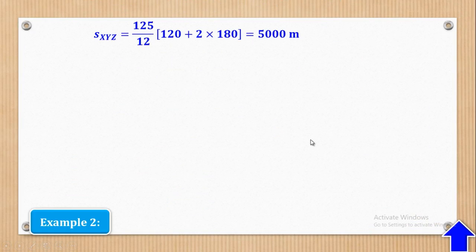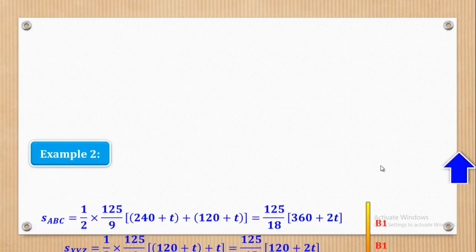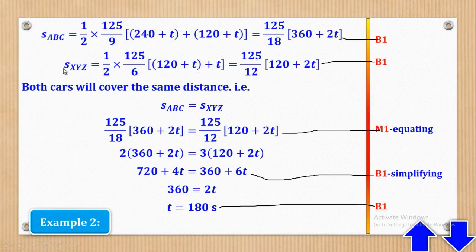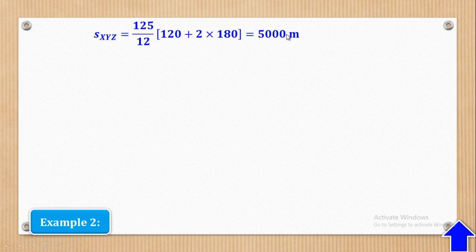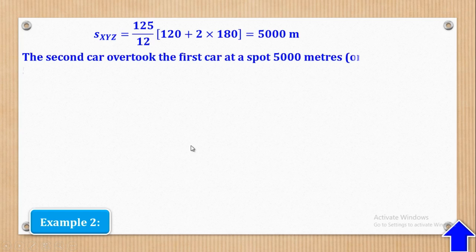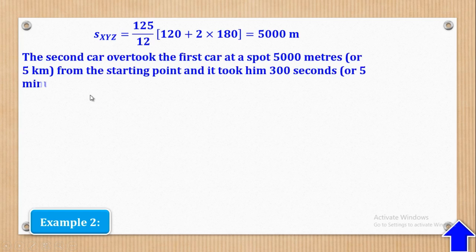So now that we know the value of T, we shall come back to this equation from XYZ to substitute T here, and I'll be able to get my distance XYZ as 5,000 meters. Therefore, the second car overtook the first car at a spot 5,000 meters or 5 kilometers from the starting point, and it took him 300 seconds to travel.